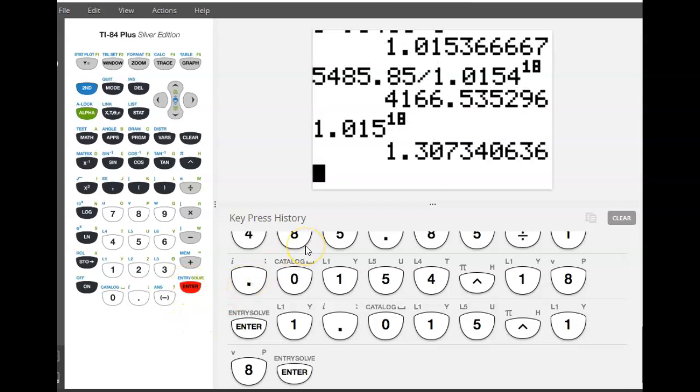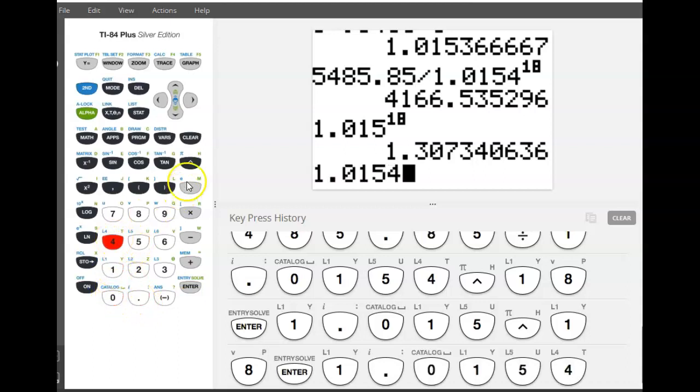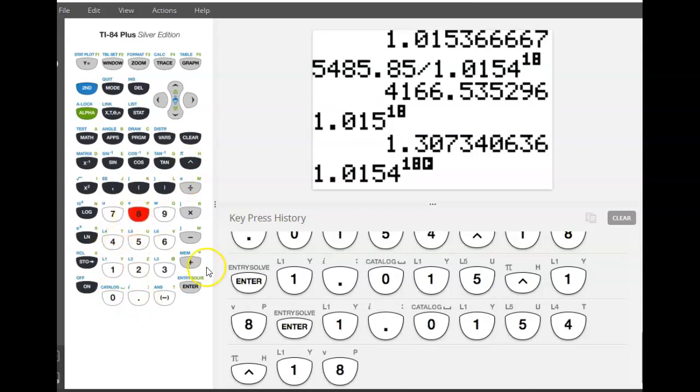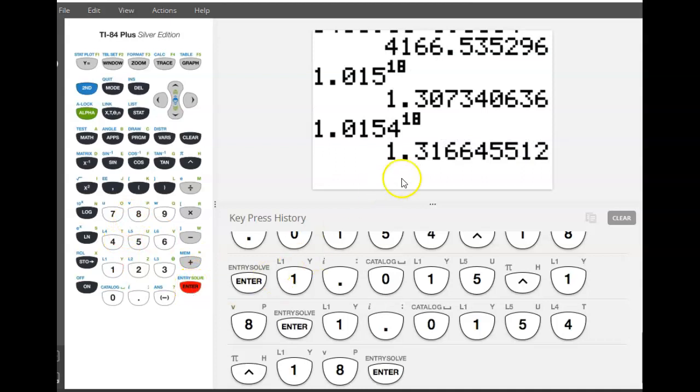Okay, and I get 1.31. Or maybe I did it as 1.0154 to the 18th power, and then I estimated there. I get 1.32.